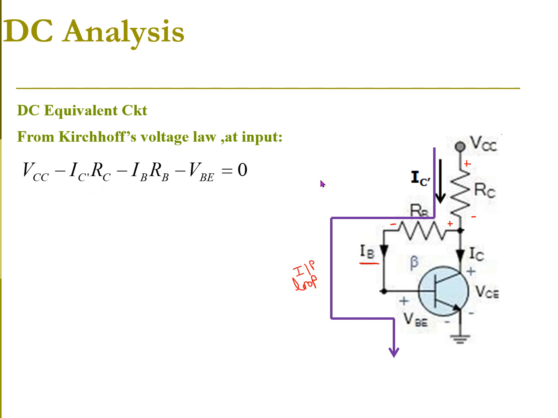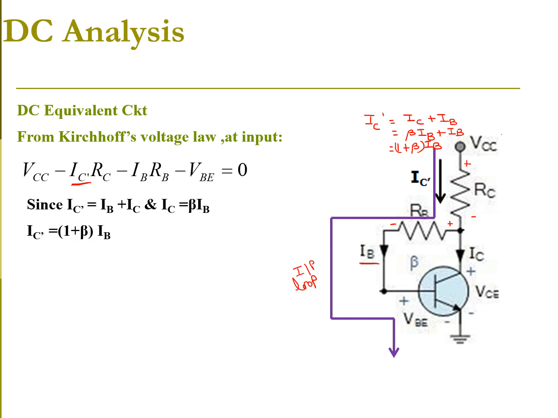As we all know that IC dash is equal to IC plus IB, and IC is beta times IB. Therefore, this becomes 1 plus beta times IB. So, in this equation, you will be just substituting IC dash as 1 plus beta times IB.